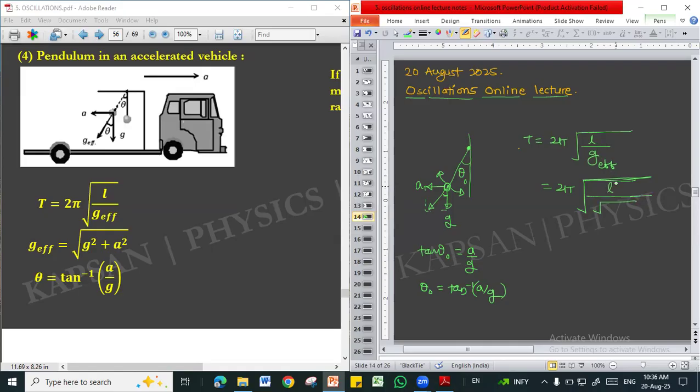See, here we have an under root in the time period formula, and in the G effective formula also we have one more under root. So do not forget this under root. Many times we forget it, thinking that we have already taken the under root. No, this under root belongs to the formula itself, and this under root belongs to the G effective. So this was the case.